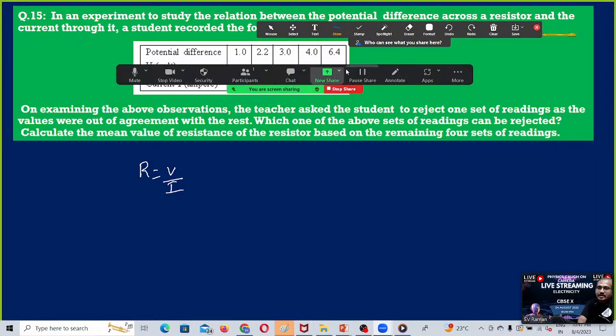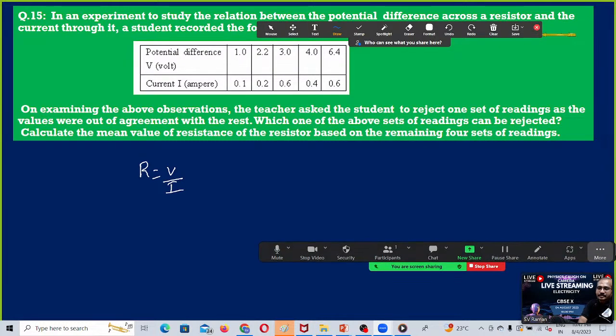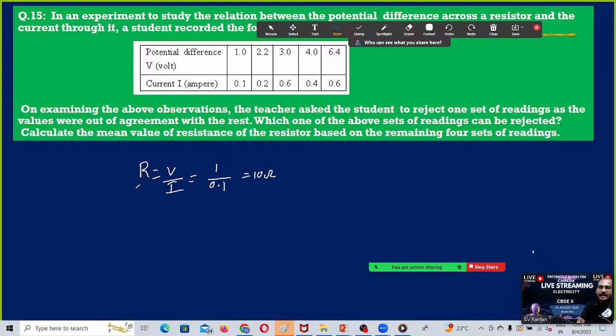So for the remaining values of resistance, we can find the mean value. Now the first student: potential is 1 and electric current is 0.1, which is 10 ohms. For the second student, R2 is equal to 2.2 by 0.2, approximately 11 ohms.